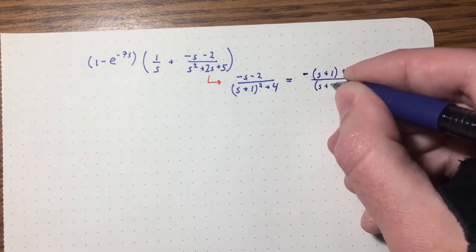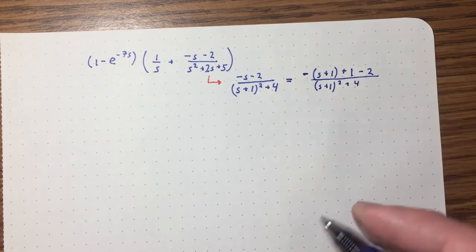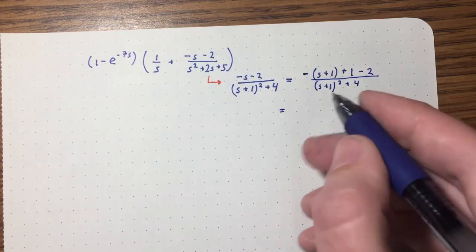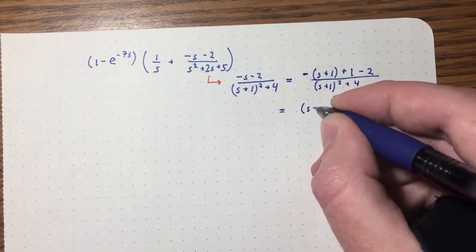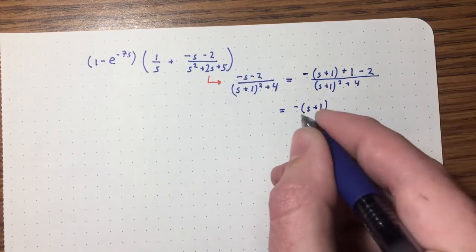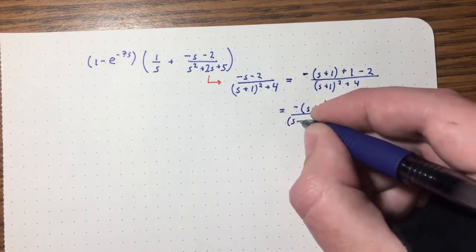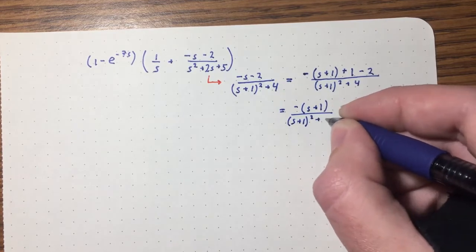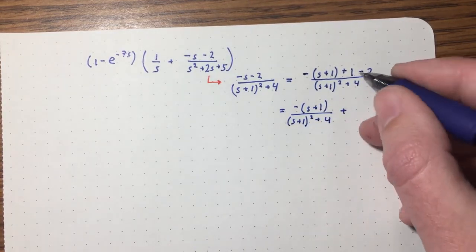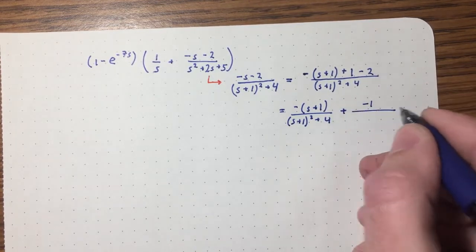And this is all over s plus 1 squared plus 4. And why am I doing this? So I can now split this apart into two pieces. The first one will become the exponential times the cosine. And then the second piece will become an exponential times a sine.